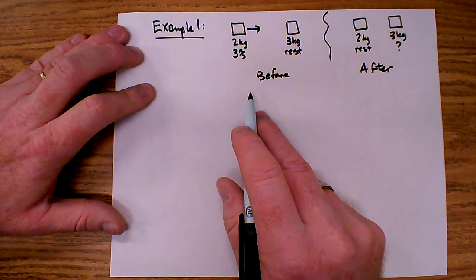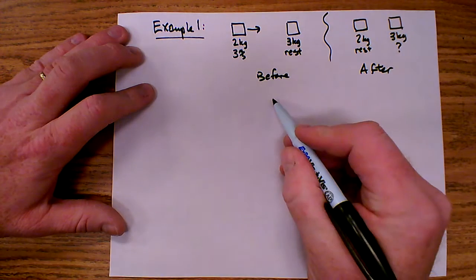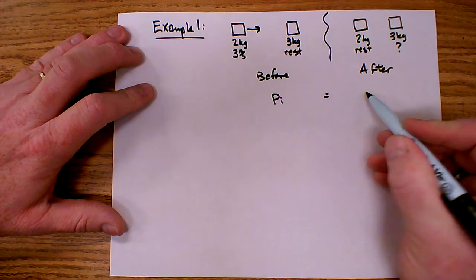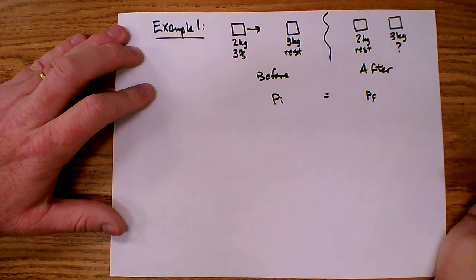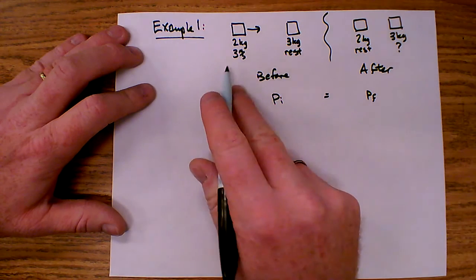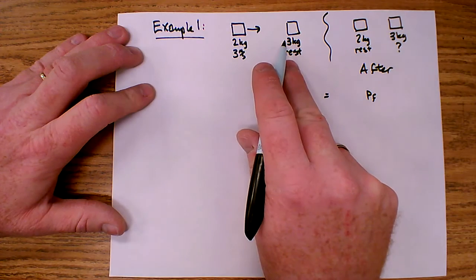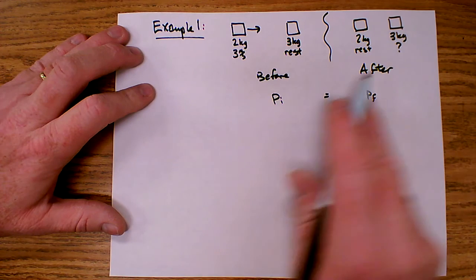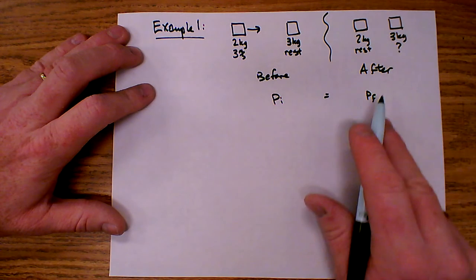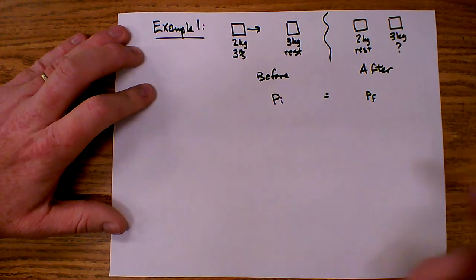The way to set up a conservation of momentum equation is that the initial momentum of the system is going to equal the final momentum. One way to look at that is to simply take mv for each object initially, add them together, that's your initial momentum. Take mv for each object afterwards, that's your final momentum, and you set them equal.